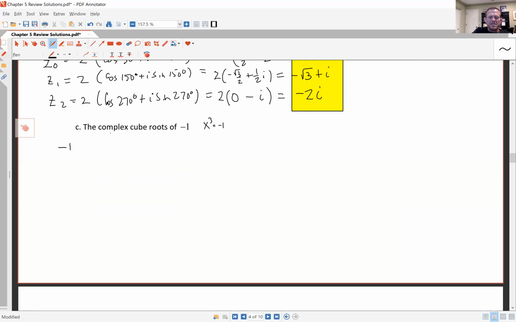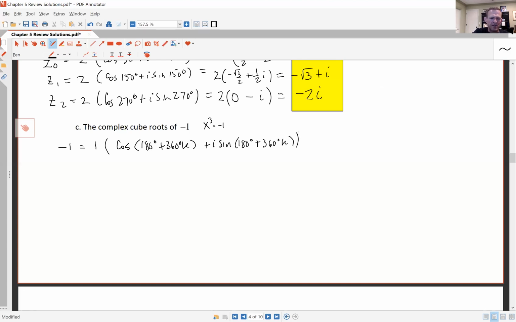All right, so remember what negative 1 is. Negative 1 sits on the left side on the x-axis, so it's an angle of 180 degrees. Its modulus is 1. Its length is 1. So we've got the cosine of 180 degrees plus 360k plus i sine of 180 degrees plus 360k.